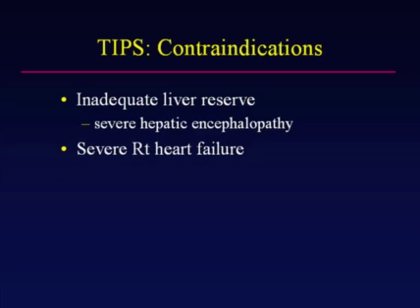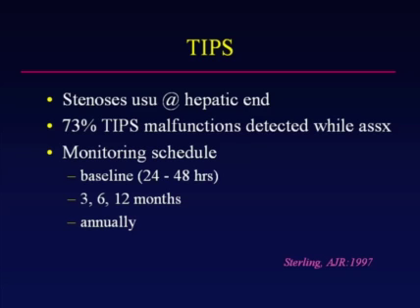And if you shunt too much blood to the systemic circulation, it can overload the right heart and precipitate severe right heart failure. So in patients who have poor cardiac status or inadequate liver reserve, sometimes the TIPS placement can make the clinical situation worse. And those are really the only two significant absolute contraindications to placing a TIPS.